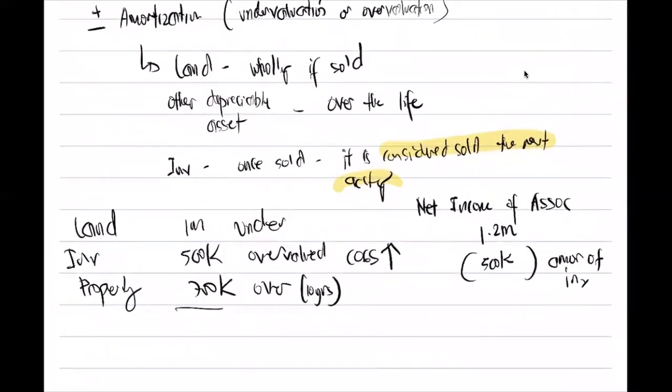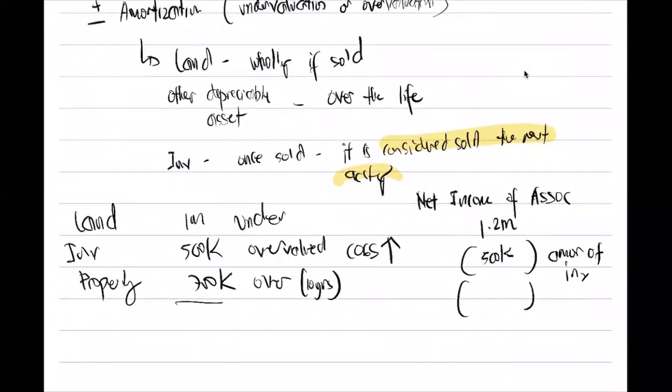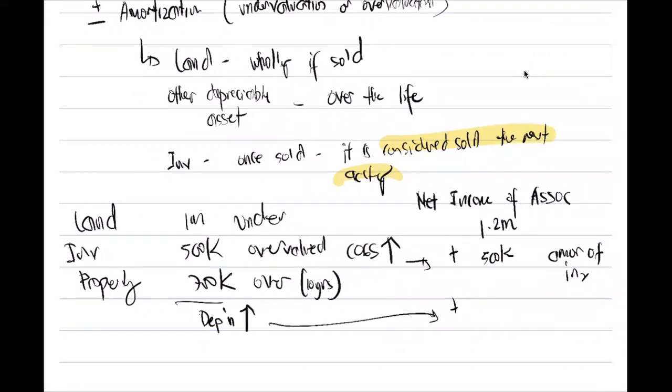By the way, amortization of inventory, since cost of goods sold is overstated, then we need to add back. Okay. And here, property, it is overstated. If property is overstated, it means that depreciation is overstated. So check it, you need to add back also.